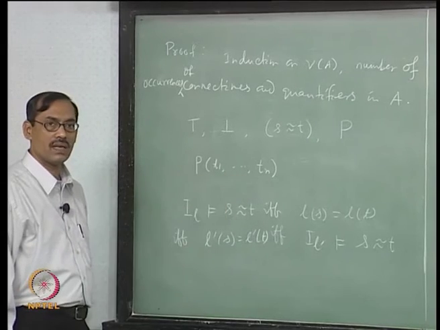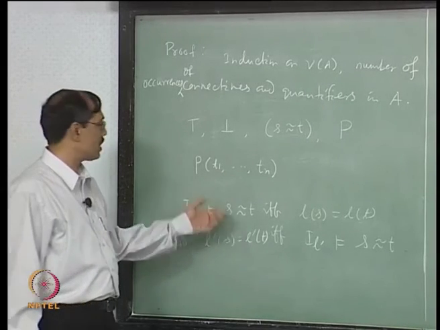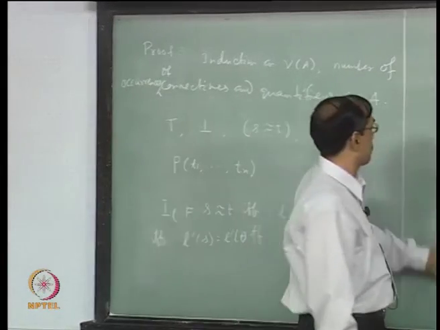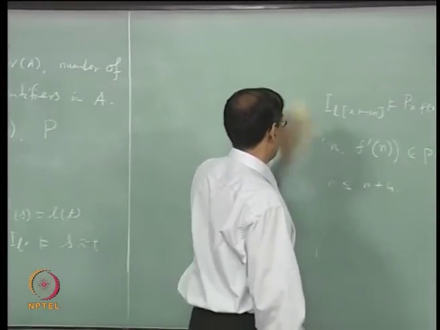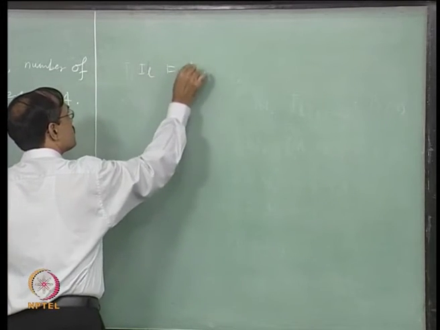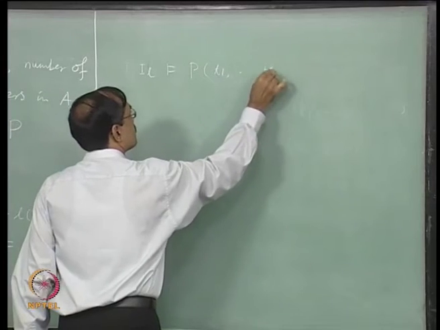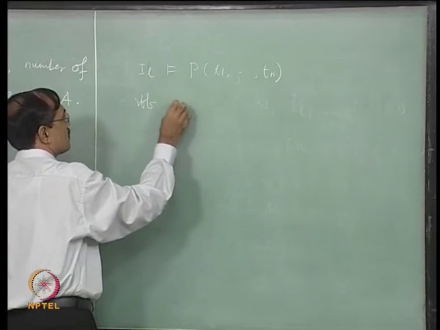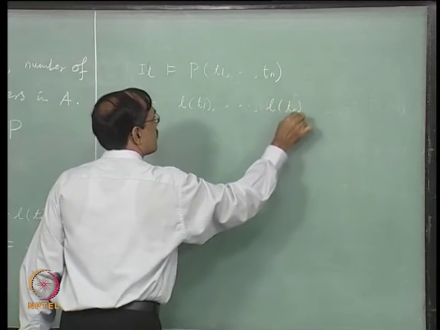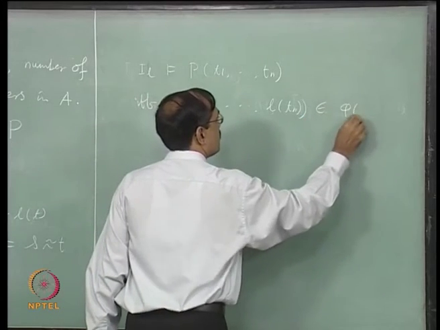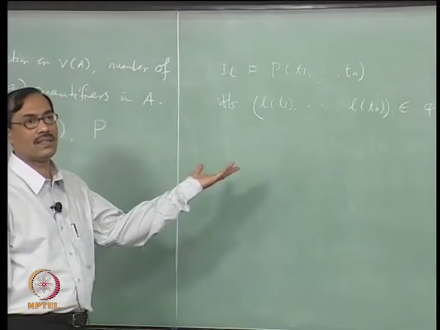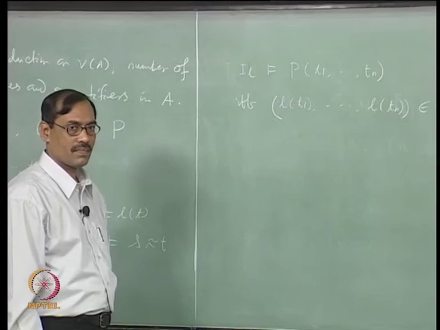What about P T1 to Tn? It is similar to this. Instead of equality, we will have P here, right. Okay, let us do it. Just you have to write some more lines. So, we will start with I L satisfies P of T1 to Tn if L of T1 to L of Tn belongs to phi of P, right, if they are so related as the corresponding relation to P, right.